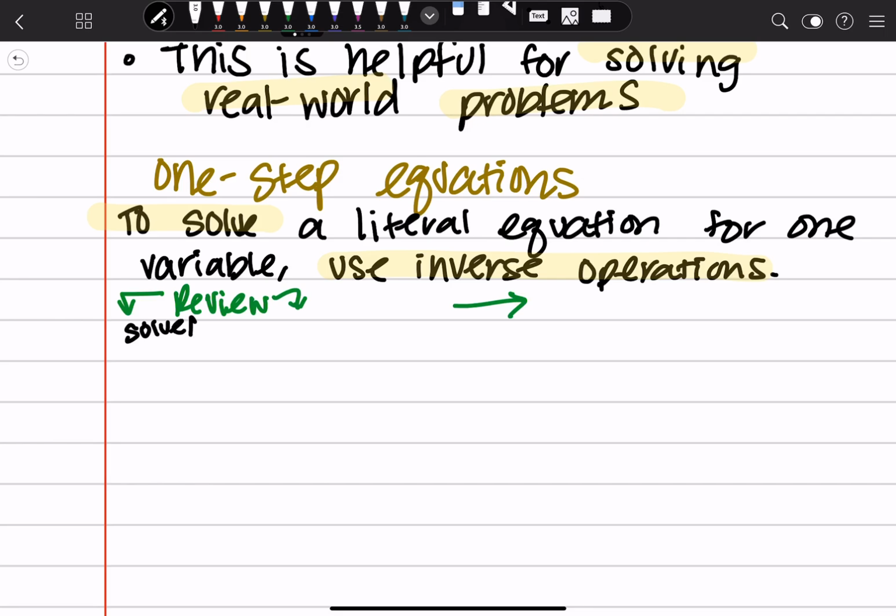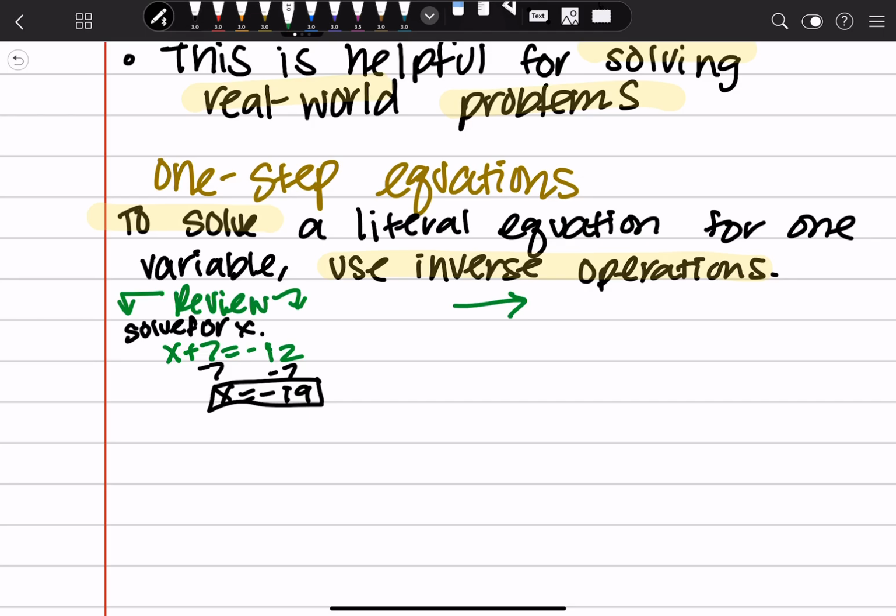So solve for x. The problem is x plus 7 equals negative 12. Well, you know what you would do. You would do your inverse operations here. Subtract 7 from both sides, and you get x equals negative 19. Done. Well, the same thing is going to happen here.